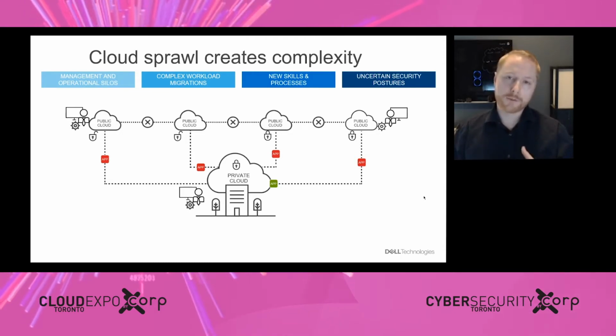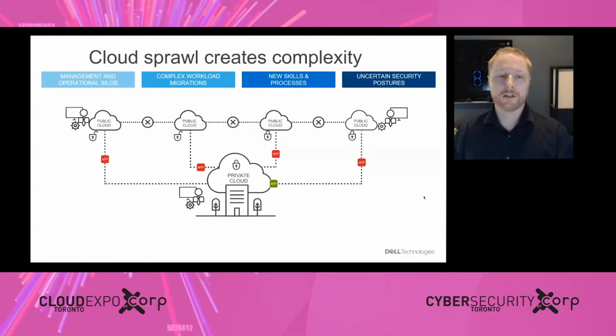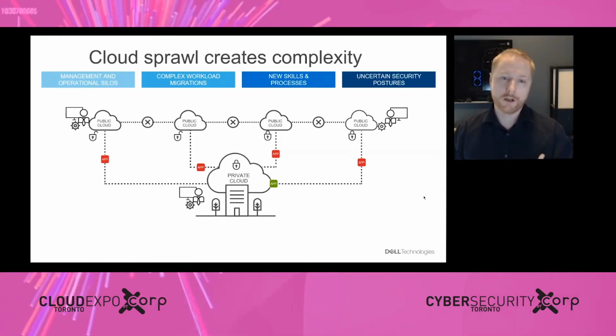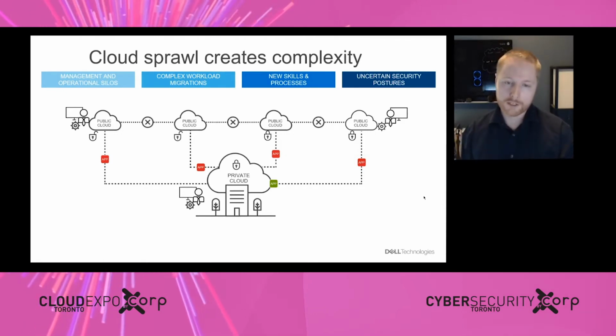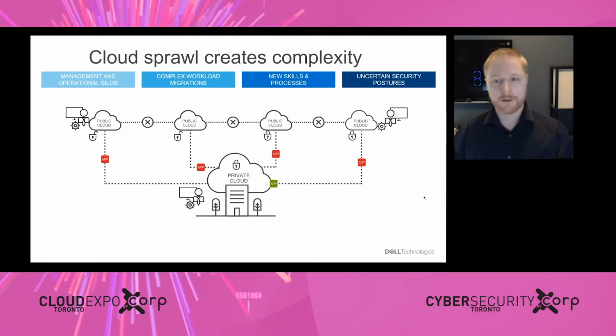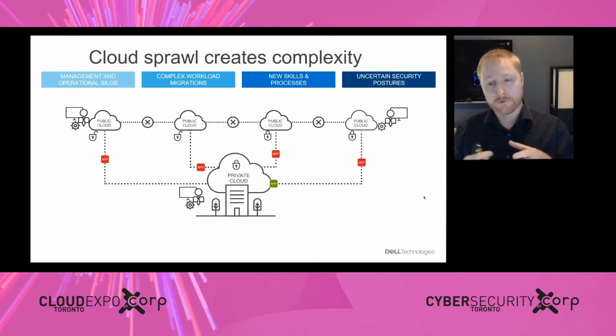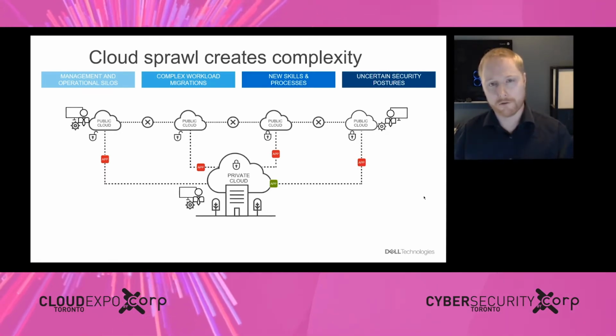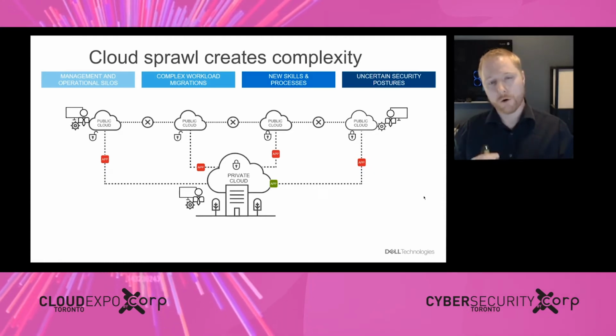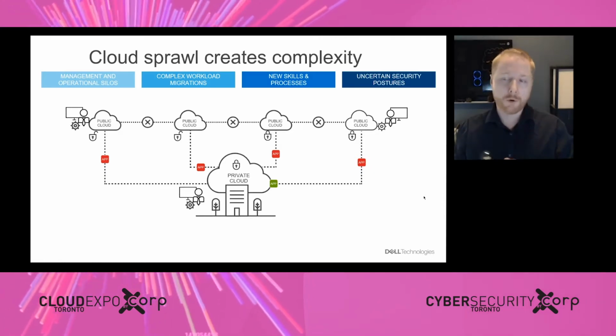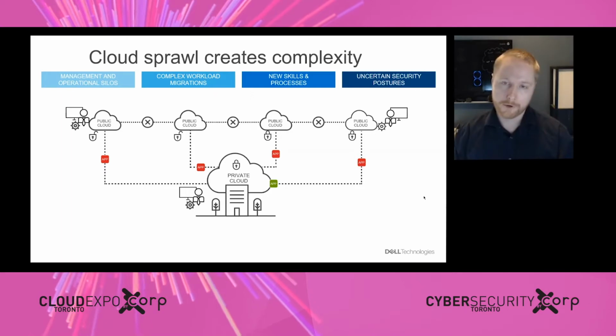And you couple this with the limited visibility and control over the infrastructure. This leaves a lot of organizations more vulnerable to threats. It's not to say that cloud vendors are not doing great work to secure their infrastructure, but organizations are struggling with their portion of that shared responsibility model.